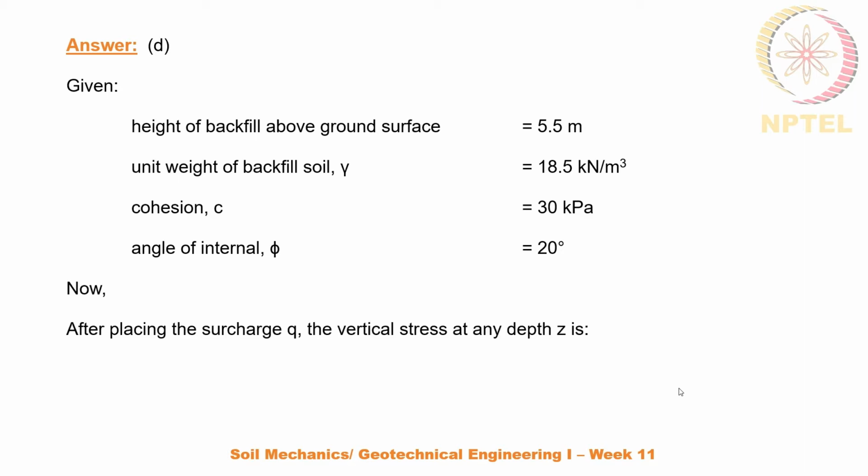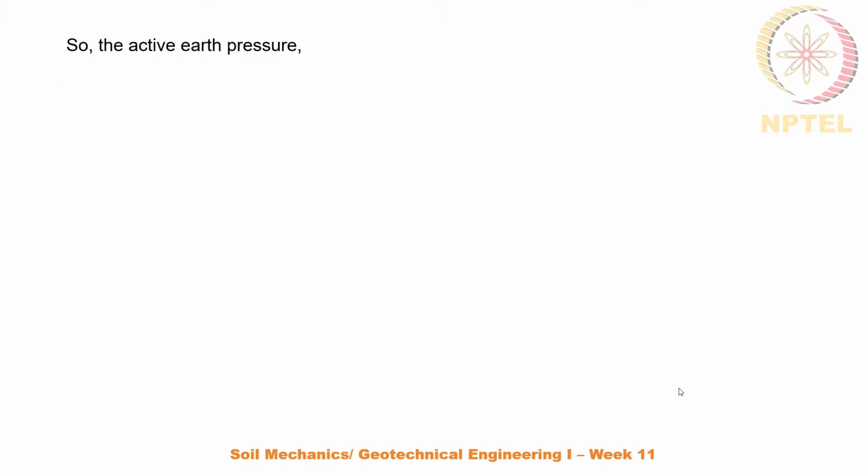So if we have a surcharge Q, the equation for vertical stress at any depth is given by sigma V is equal to Q plus gamma Z. We know that. Now the active pressure equation, if the surcharge is present, changes to PA equal to Ka into (Q plus gamma Z) minus 2C root Ka.